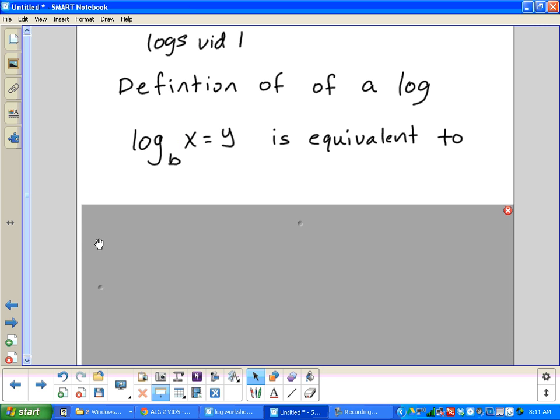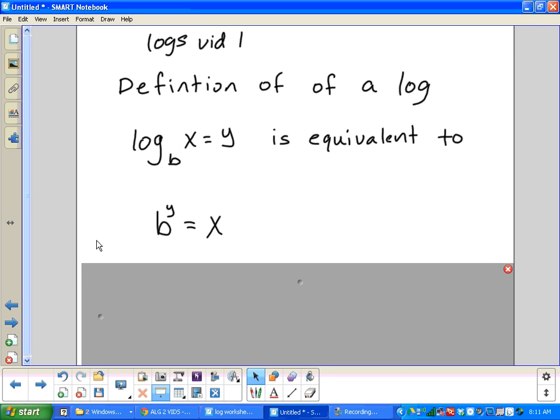That is equivalent to, and this is basically exponential form, b to the y equals x. This will be a really simple thing once you learn it, but it is very, very fundamental. When I go from this to this, what I'm actually doing is switching the form of the equation. Switching the form of the equation is what the definition of a logarithm is.